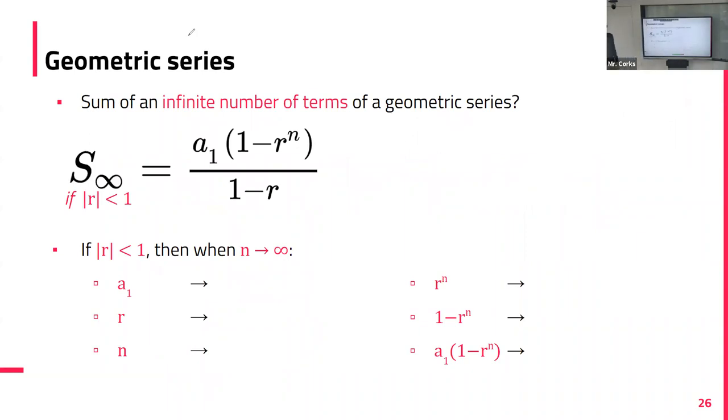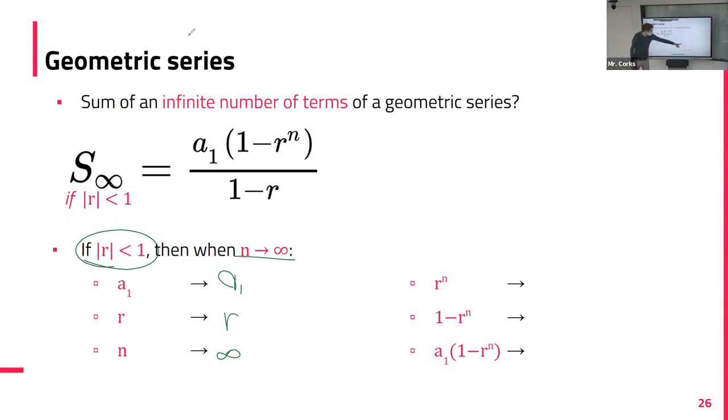So let's look at our formula, the same thing we did for the other one, and see what will happen. Down here on the left, these are all the same as last time. If the absolute value of R is less than 1, and n approaches infinity, A1 is still A1, R is still R, n is approaching infinity. But this part on the right is the key part to remember.